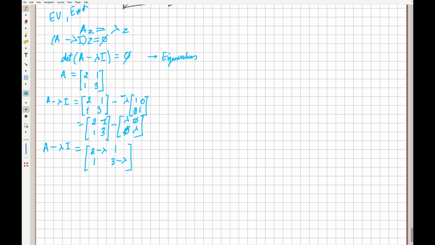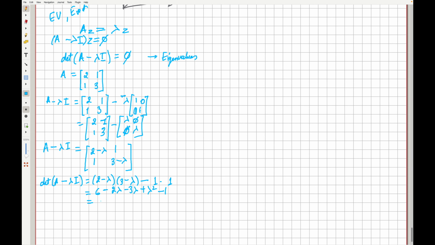What we do next is calculate the determinant of this. The determinant of A minus lambda I is going to be equal to this term multiplied by this term, minus this one multiplied by the other one. That comes out to 2 times 3 is 6, minus 2 lambda, minus 3 lambda, plus lambda squared, minus 1.